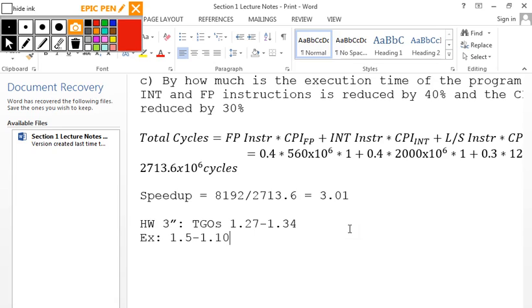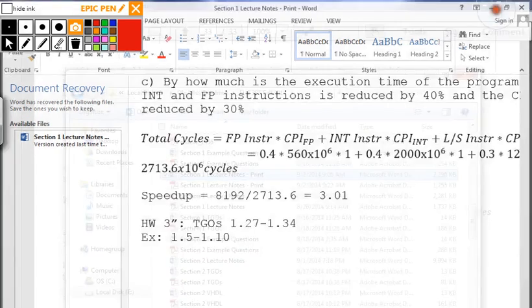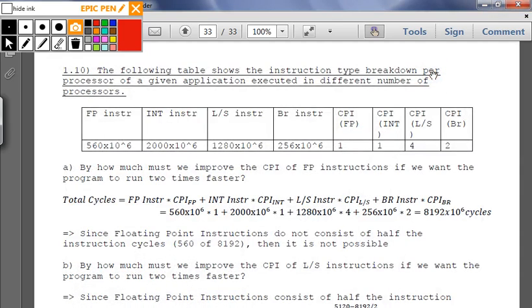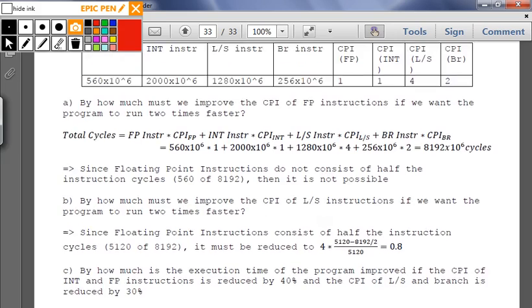Okay, so 1.10 is a good summation of all of the previous concepts. So we have these instruction set numbers. We have a number of floating point instructions, integer instructions, load store instructions, and branch instructions, and then you're given the CPI of the floating point instruction, load store, and branch. So in Part A, I'm just going to run through this really quickly, but if you have any questions, I am more than open to review at the beginning of next class.